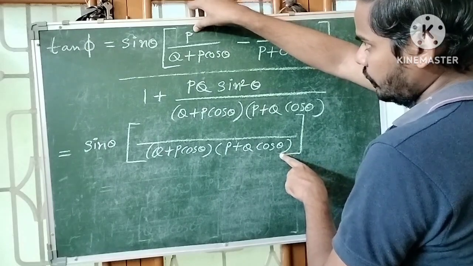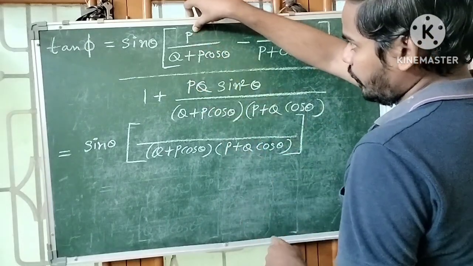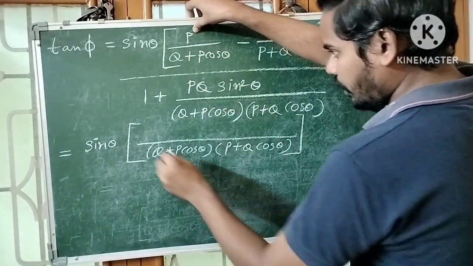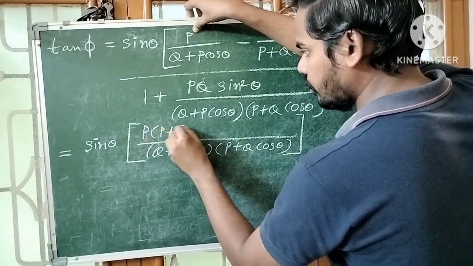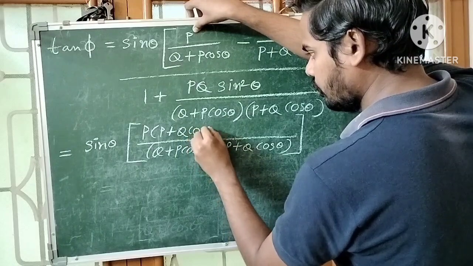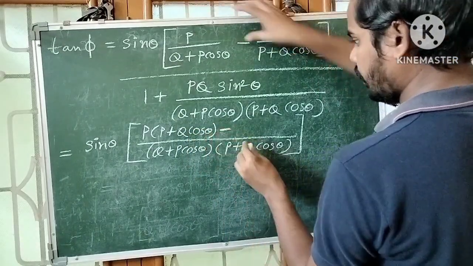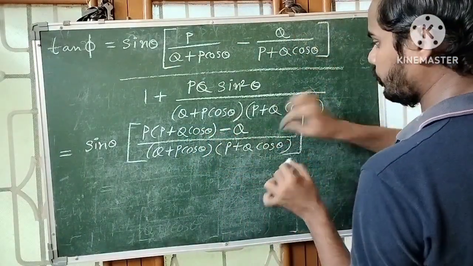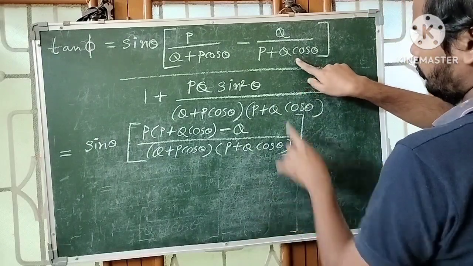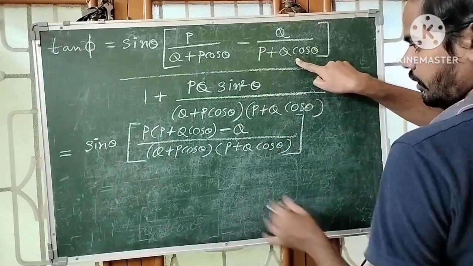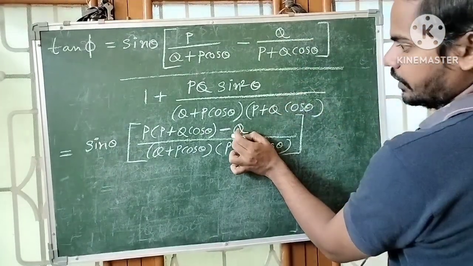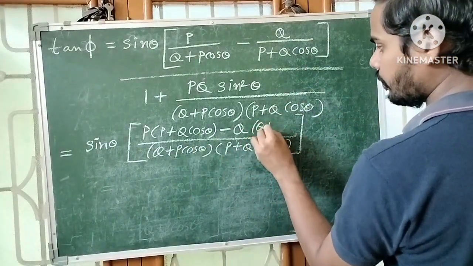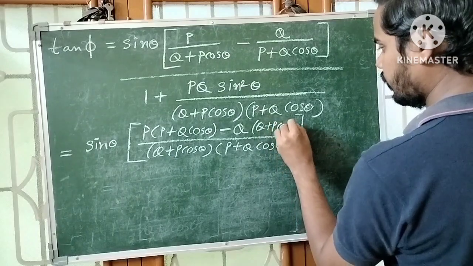So obviously your numerator is p. Now multiply the numerator with p plus q cos theta. Minus, similarly q into, here the denominator is p plus q cos theta, so we need to multiply the numerator with q plus p cos theta.